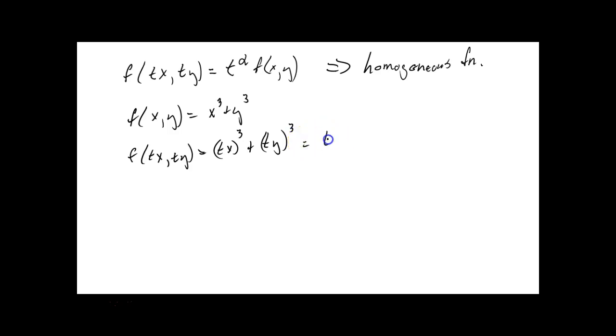This would be t cubed x cubed plus t cubed y cubed, and that would be t cubed times x cubed plus y cubed, which is t cubed times f of xy. So for alpha equal 3, that's what it is.